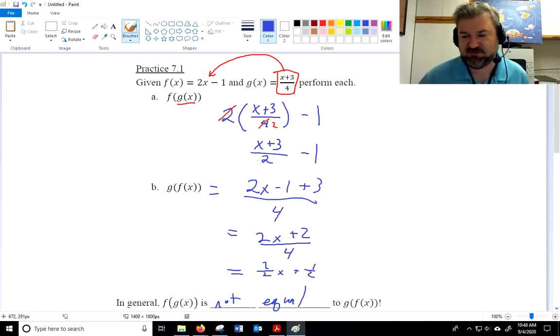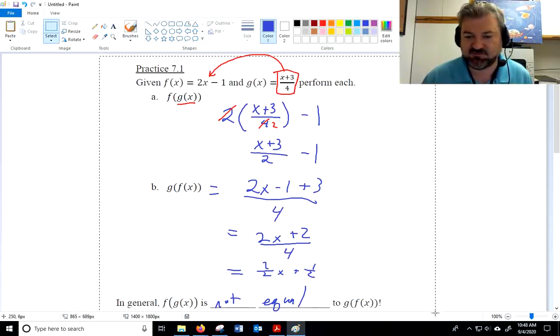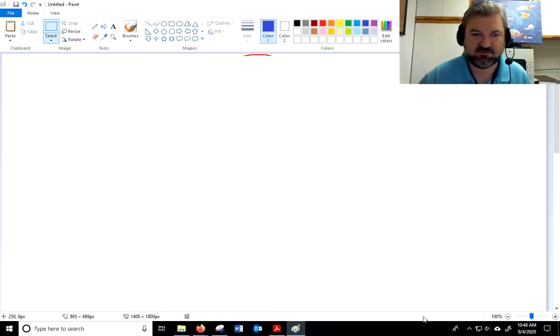If you simplify this down, this one ends up being the same. So they can at times be the same, but if you refer back to our previous example, they were definitely not. We got (x plus 1) squared plus 3x versus x squared plus 4. Those don't at all work out to be the same if you multiply it out. So let's go on. Just keep in mind that some functions, when you compose them, end up giving you the same result no matter which direction, but in general, they are not equal.